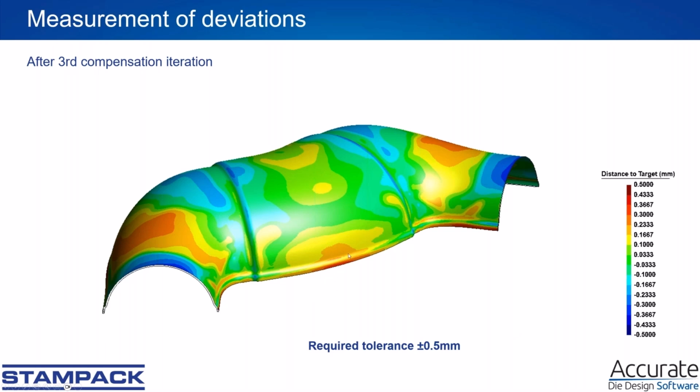We are away from the nominal by 0.5 millimeter, 0.4, 0.1 millimeter, but tolerance is 0.5 millimeter, so we are perfectly fine. Iteration by iteration, we compensate the die surfaces until we are close enough to the nominal part.